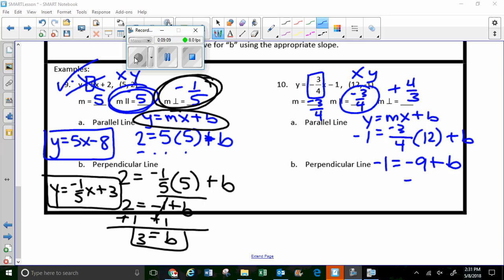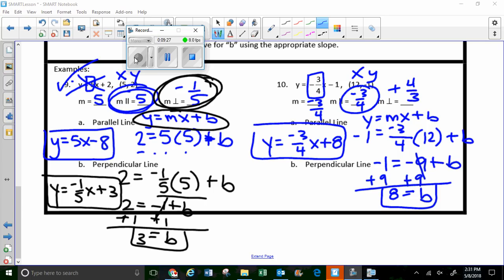And then add 9 on both sides. So you'll get b equals 8. So use those two pieces of information, the m and the b, to write the equation. Y equals -3/4 x plus 8.